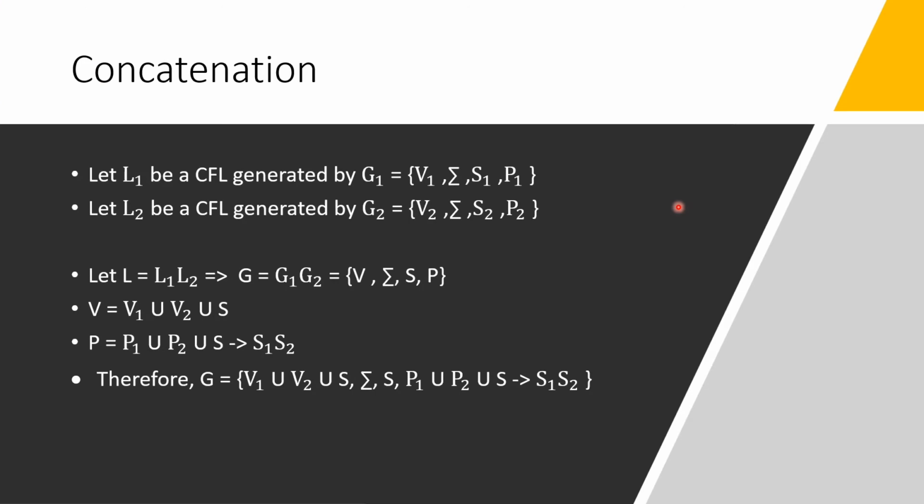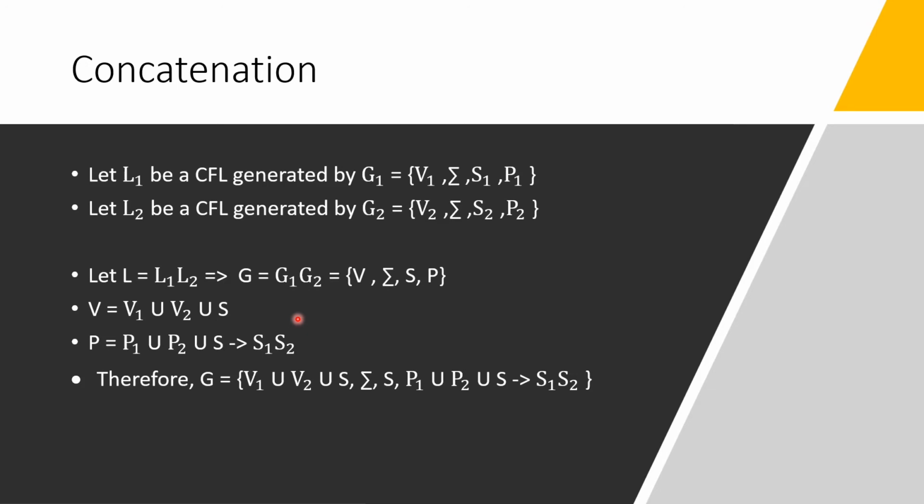The proof is the same as before, but with a slight change. Let L1 be the context-free language generated by G1, and let L2 be a context-free language generated by G2. Let L be the language obtained by concatenation of L1 and L2.